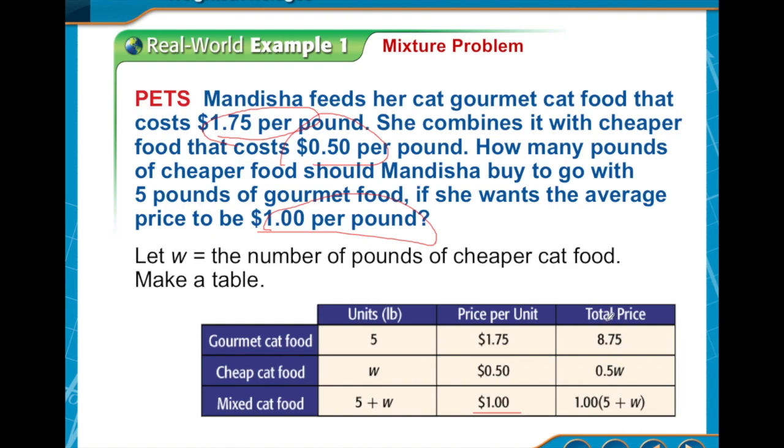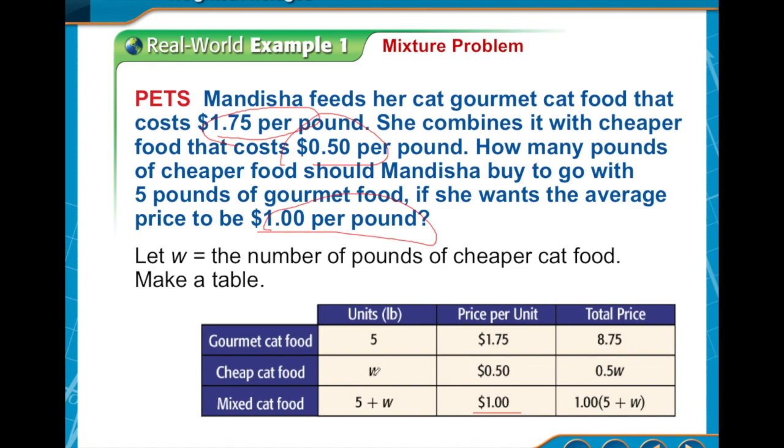So on the right, the final column here, our total price. The three things we see. First, this $8.75 is how much it would cost for 5 pounds of this gourmet food. So 5 times our $1.75 gets us this number here. Again, we don't know how much for the cheap cat food. We don't know how many pounds of this that we bought.